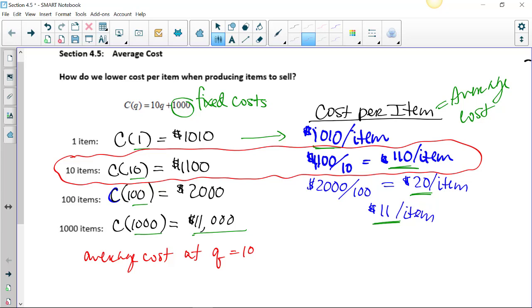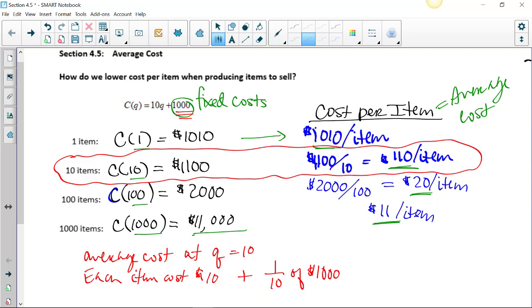We know that each item costs $10. So what's happening then is the fixed cost is being divided up amongst those 10 items. So each item is $10 plus 1/10 of the fixed costs, which would be the $1,000.